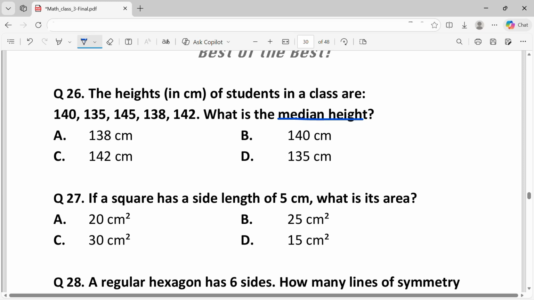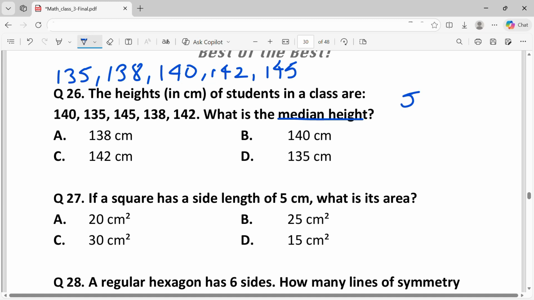That is 135, 138, 140, 142, 145. The median will be the middle observation. Since the number of observations is 5, the middle observation will be the third observation, that is equal to 140. So the answer is B, 140 centimeter.